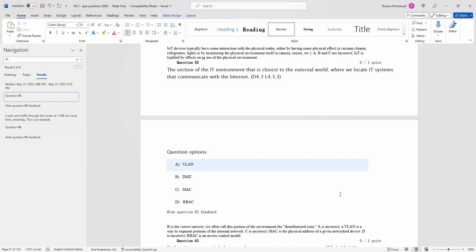Now, what a DMZ is, in an organization, yes, okay, yep, so you've typed that quickly. Thank you, Isiaka. It is where you situate your servers that communicate externally, your servers that need to be accessed by external users.